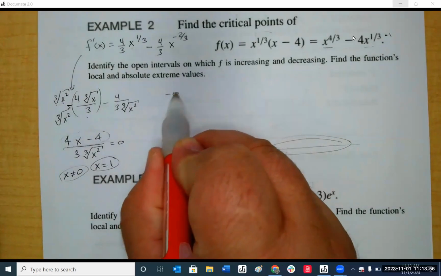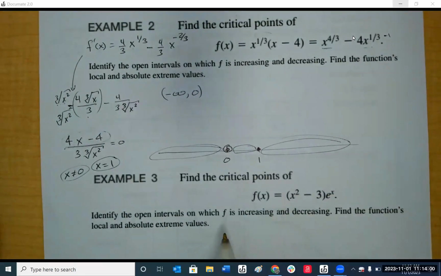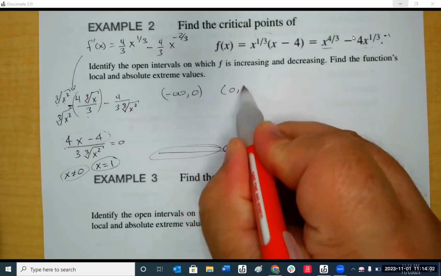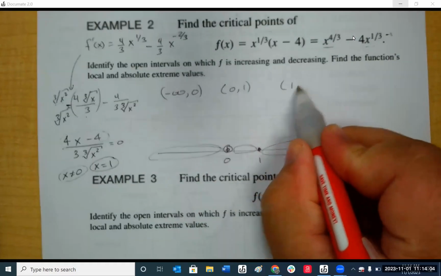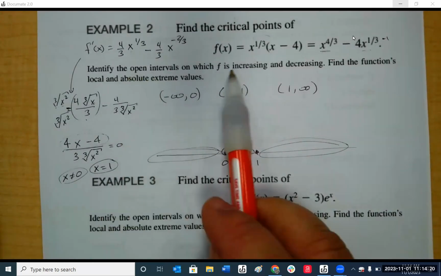So it's negative infinity to 0, 0 to 1, and 1 to infinity. So now we've got to figure out whether it's increasing or decreasing. Okay, those are the open intervals.